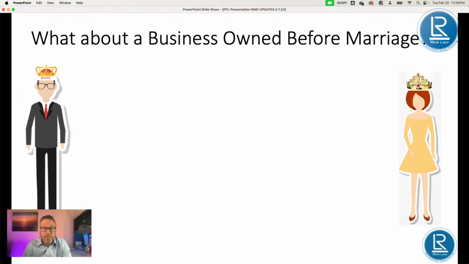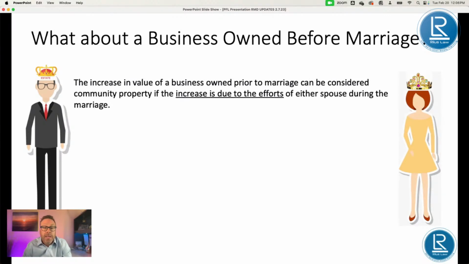Now, what about a business? If you have a business, this is another really good reason to do a prenuptial agreement. Now, if the business grows during the marriage and then the relationship ends, the marriage ends, what happens to the growth in that business? Well, it depends. If that growth was due to the efforts, then that growth belongs to the community.